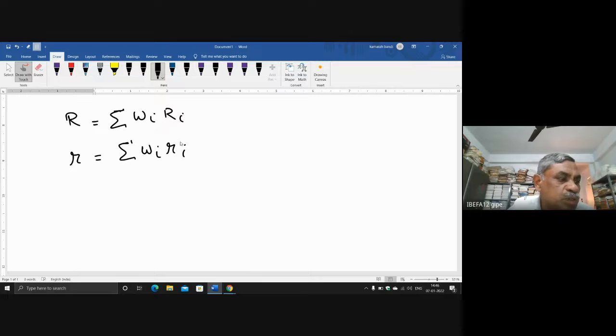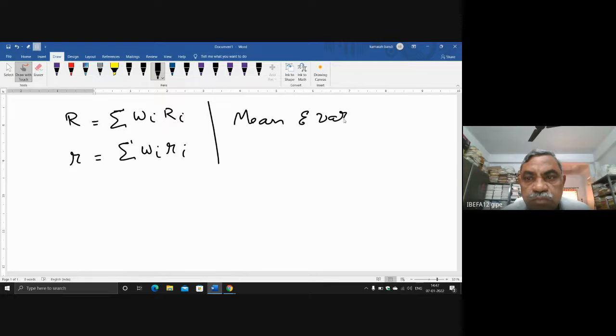So here the total return and the rate of return of a portfolio of assets are respectively equal to the weighted sum of the corresponding individual assets. This we call the portfolio. So it is possible to calculate the mean and variance of a portfolio.